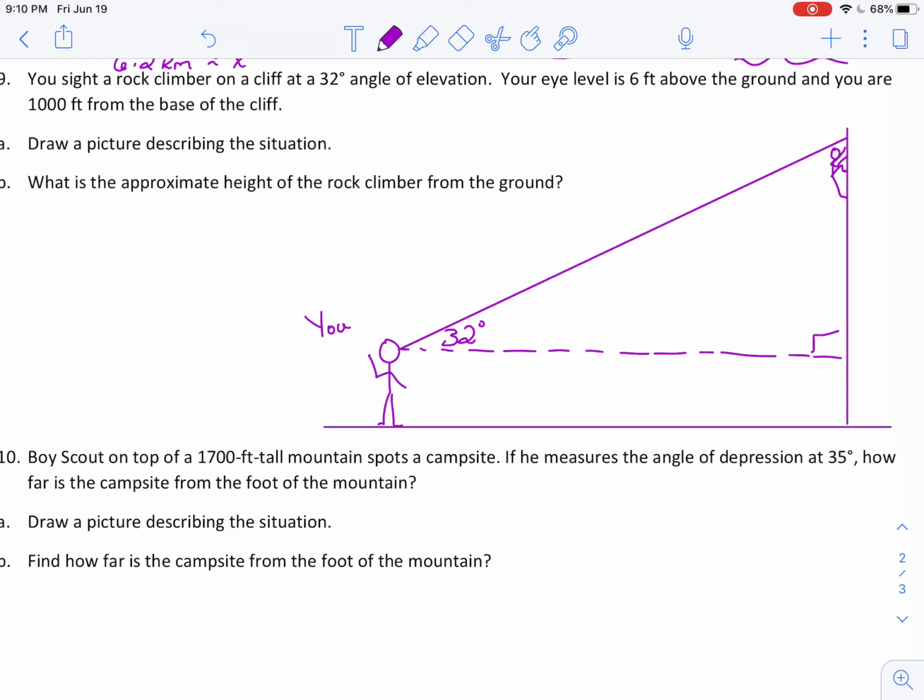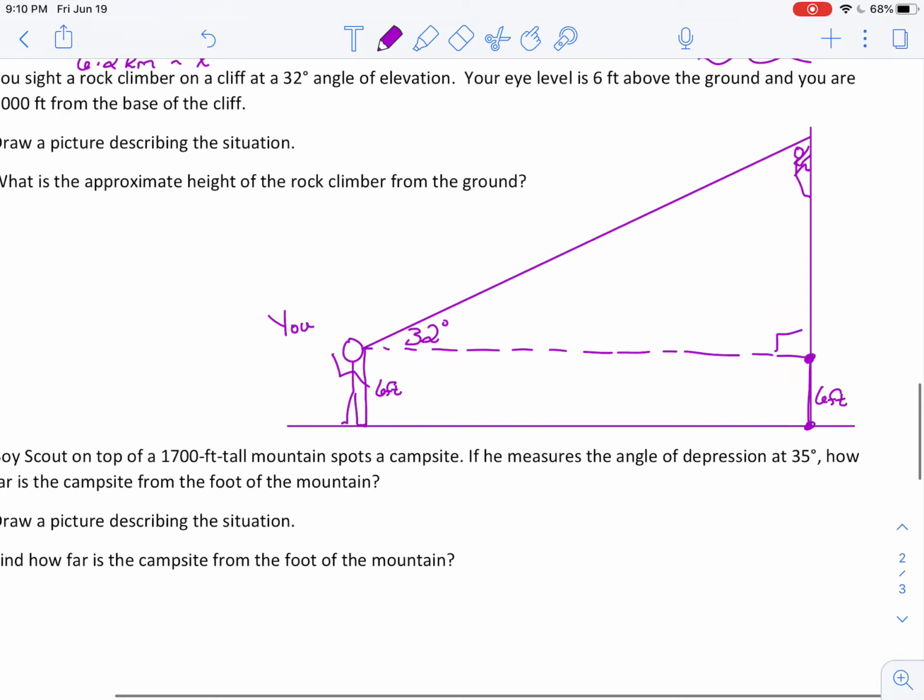What I want to point out though is, I'm telling you that for some of you, you had a growth spurt. Your eyes are 6 feet above the ground, which means this distance from here to here is 6 feet. This distance from here to here is 6 feet, which is important because in the end, I want to know how high this rock climber is off the ground.